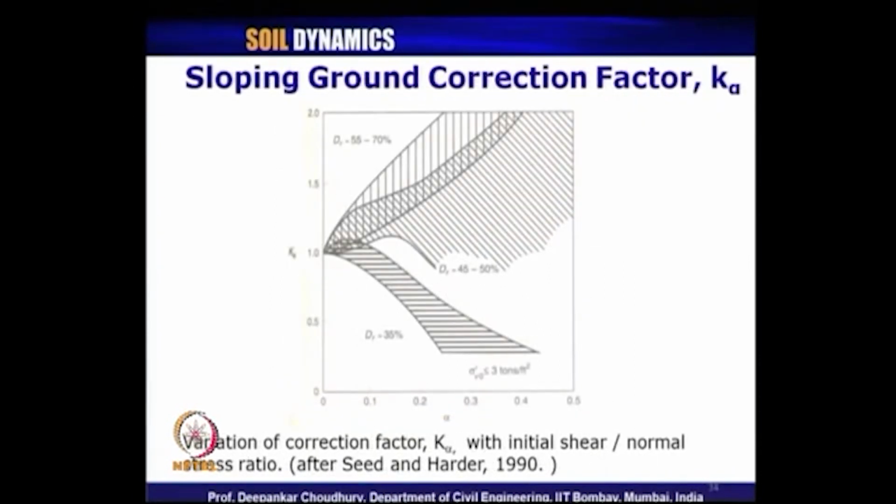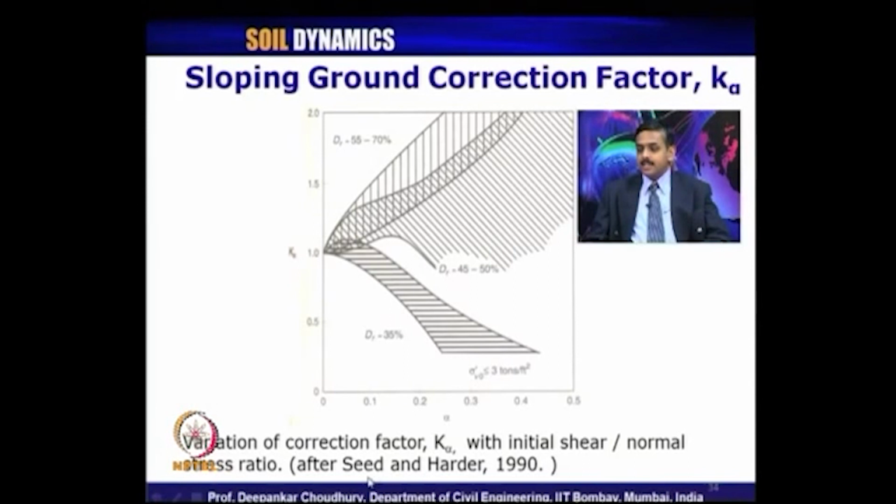Now, coming to the third correction factor, that is the sloping ground correction factor K alpha. For K alpha, the correction factor was initially proposed by Seed and Harder in 1990. This itself is transferred to the methodology given by Youd et al. 2001, to further follow or adopt for practical computation of liquefaction potential factor of safety.